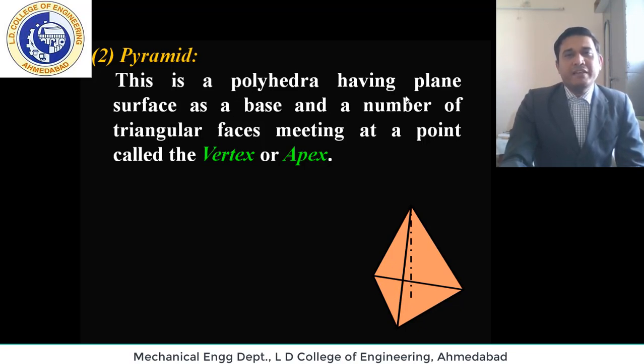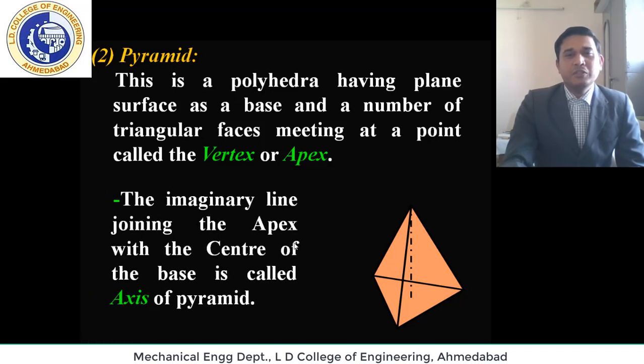It has a plane surface as a base, and a number of triangular faces meeting at a particular single point. This single point is known as the vertex or apex.